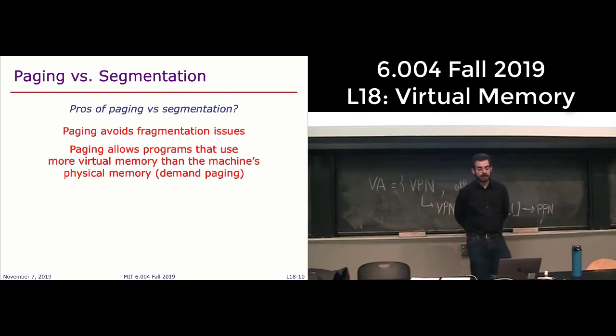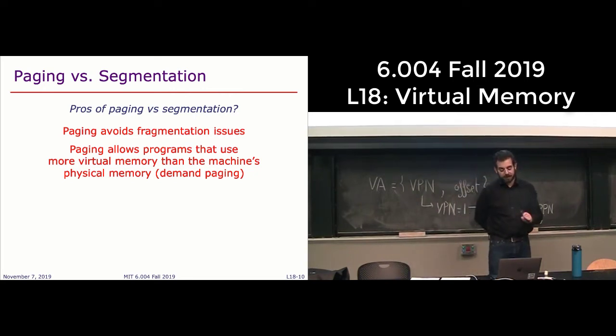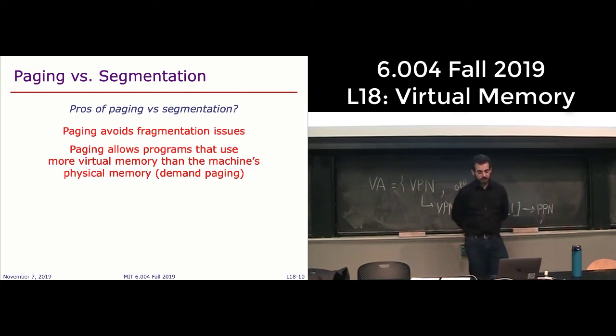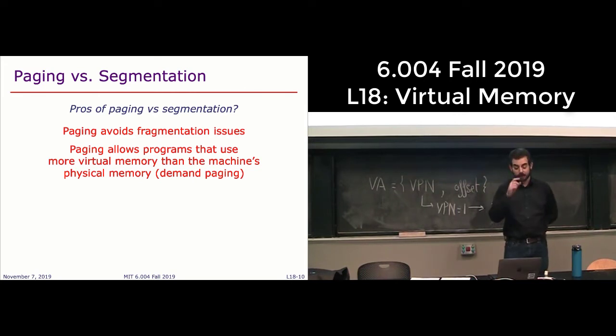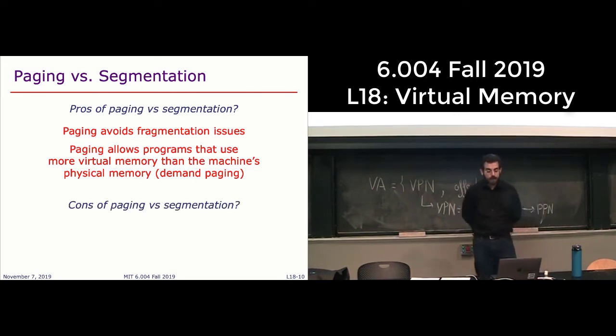The second good thing is that it allows us to do demand paging. And this is the first thing that we'll see in the remainder of this lecture. It's going to allow us to essentially use main memory as a cache of disk. Without getting into the details of why this happens, we'll see this in a couple of slides when we look at the specific format of the page table.